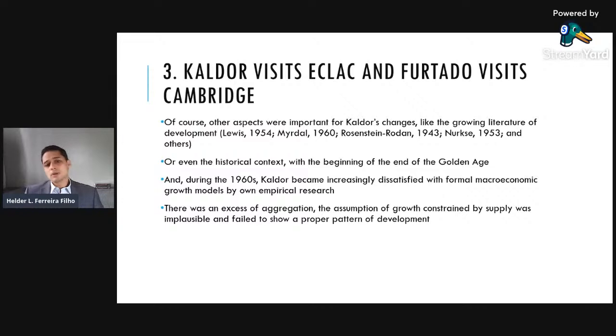And during the 60s, Calder became increasingly dissatisfied with formal macroeconomic models because of his own empirical research. He's not quiet, he's not stable, he's always looking for new solutions and new ideas. There was an excess of aggregation for him, and the assumption of growth constrained by the supply side was implausible and failed to show a proper pattern of development.